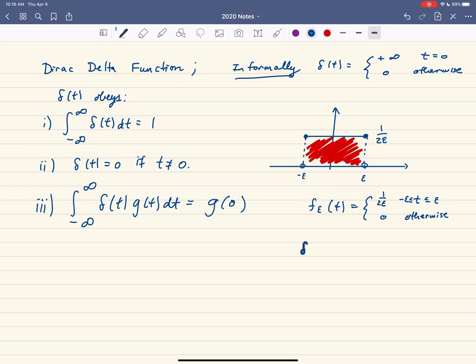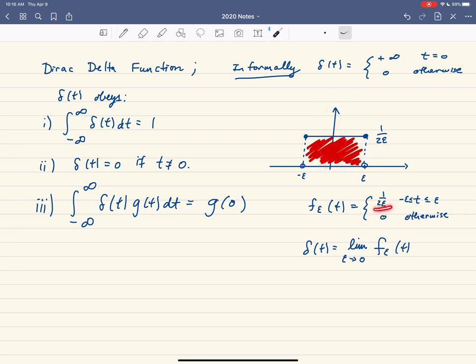So what we're going to do is think about delta of t as the limit of f sub epsilon of t as epsilon goes to 0. And think about what's going to happen. If I shorten the horizontal distance here, it doesn't matter what the scale is, this height is going to be taller, right?